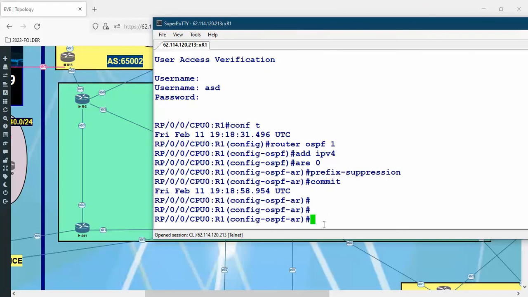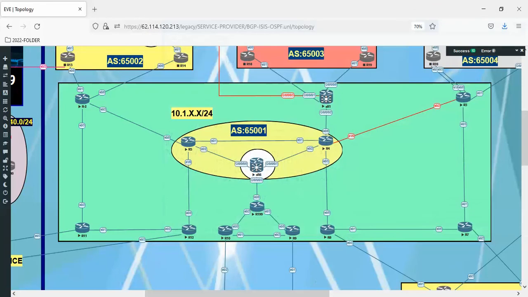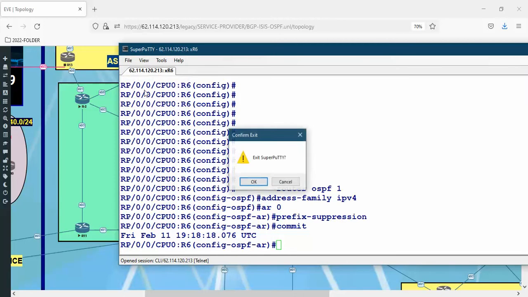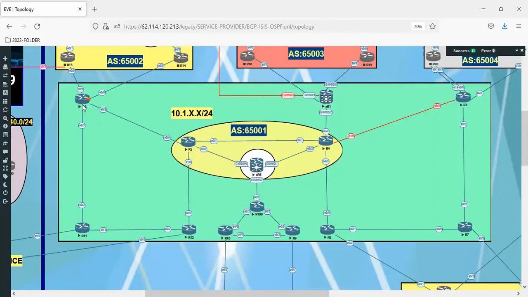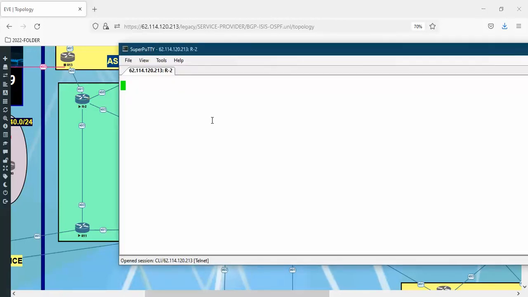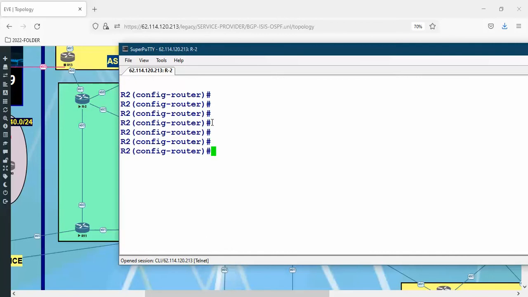Okay, let's get back to router 2 again. What should we see? Do show ip route ospf.